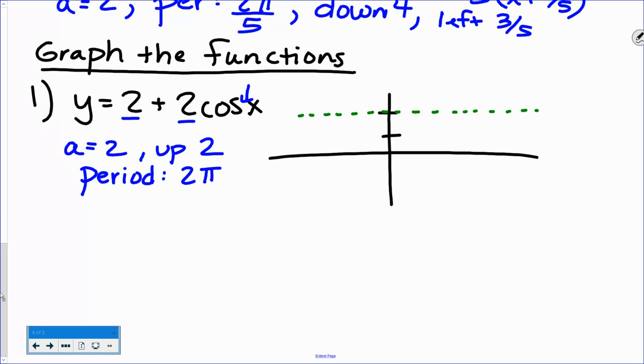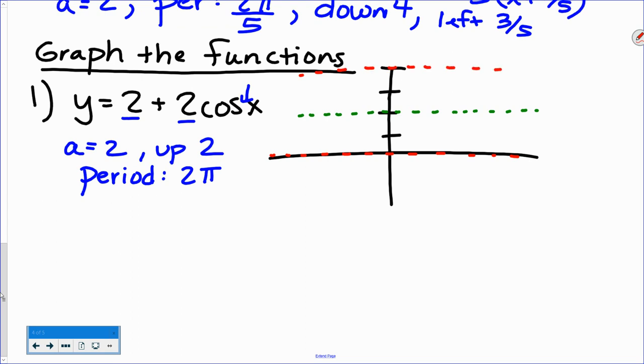So the amplitude is how far away I am from what is called the sinusoidal axis. Not that that's important, but how far I am away from that instead of how far I'm away from the x-axis. So I'm going to be going 2 above and 2 below. So my graph is going to fall as low as the x-axis and as high as positive 4.